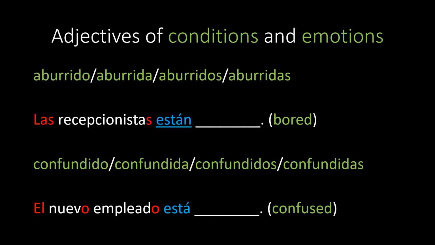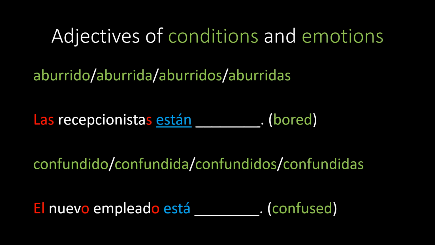Try filling in the blanks in these two sentences. In the first one, you have a blank, and we're going to put in the word that means bored in Spanish. Above the sentence, you see 4 forms of the adjective in Spanish for bored. The first is aburrido. That's masculine and singular. The second, aburrida, is feminine and singular.